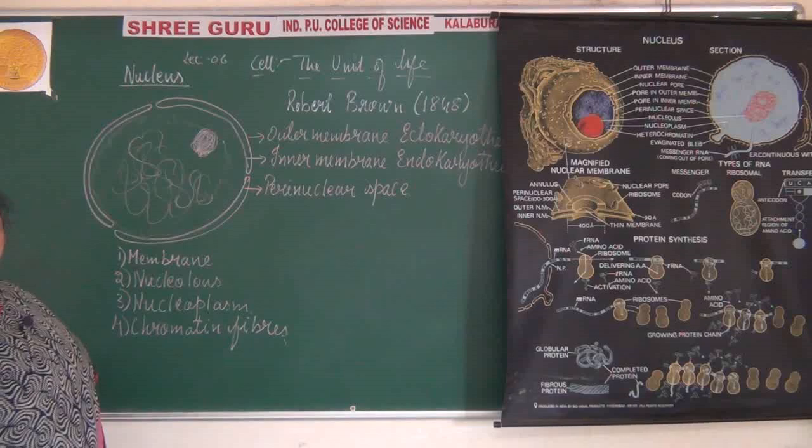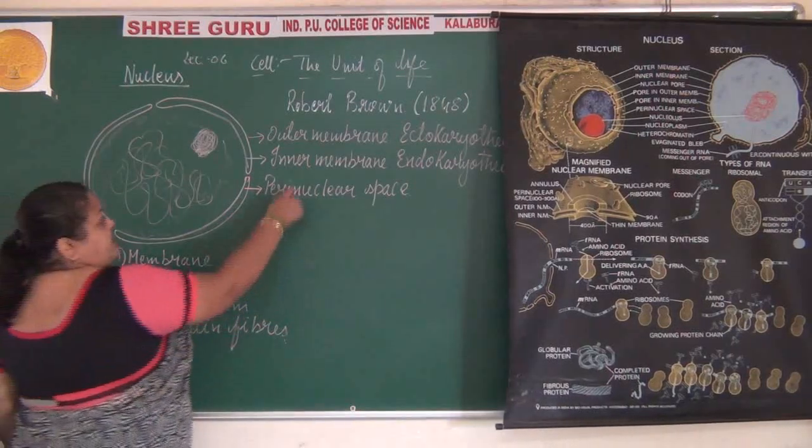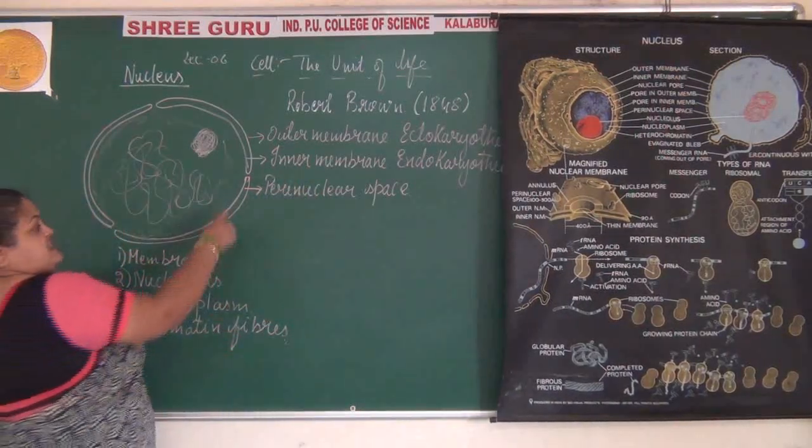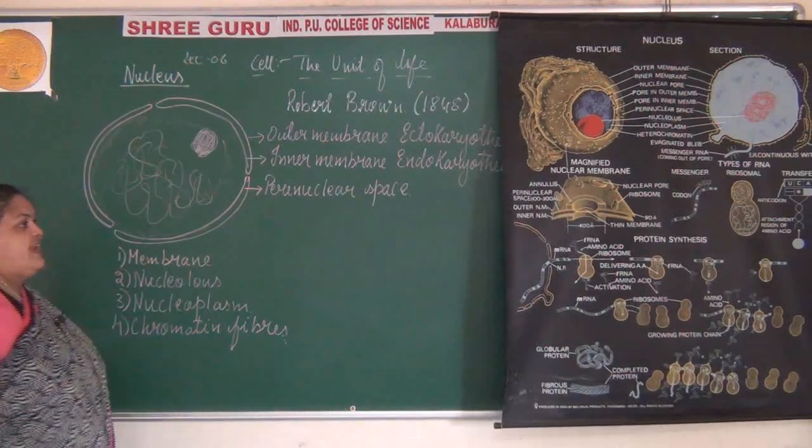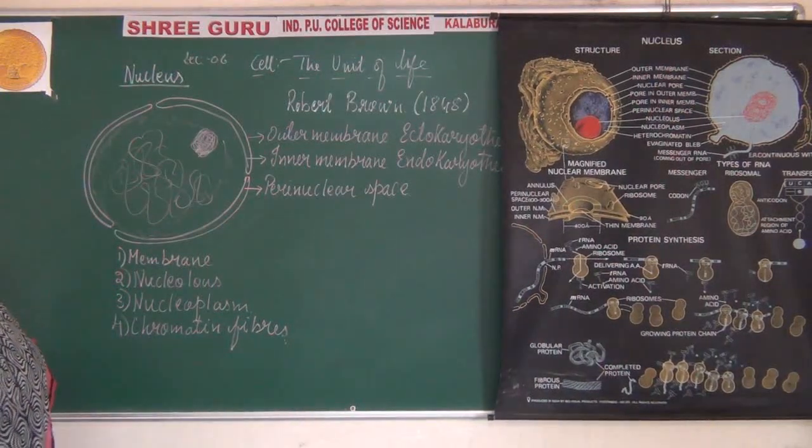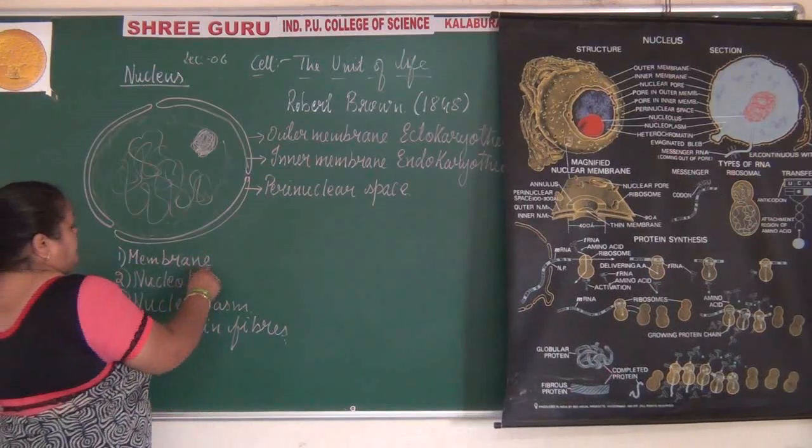So it's a double membrane organelle with outer membrane and inner membrane, and the space between the membranes is called the perinuclear space.